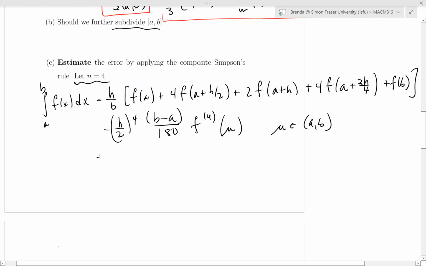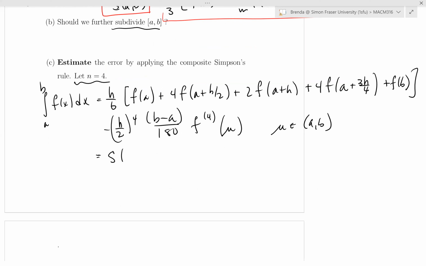So this is then going to be like this. This is the Simpson rule on A to A plus B over 2, plus the Simpson rule on A plus B over 2 to B, minus 1/16 times H to the 5 over 90, F to the 4.